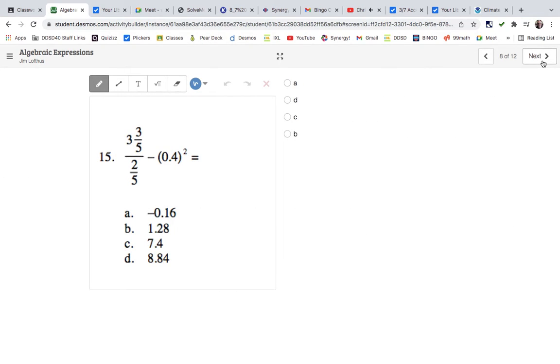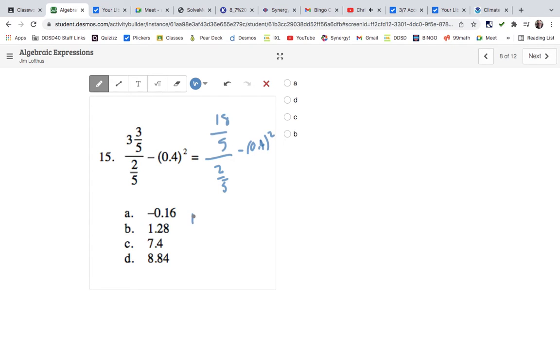And on this one, we want to take 3 3/5 and change that to an improper fraction, which is 18/5, and divide it by 2/5, and then subtract 0.4 squared.